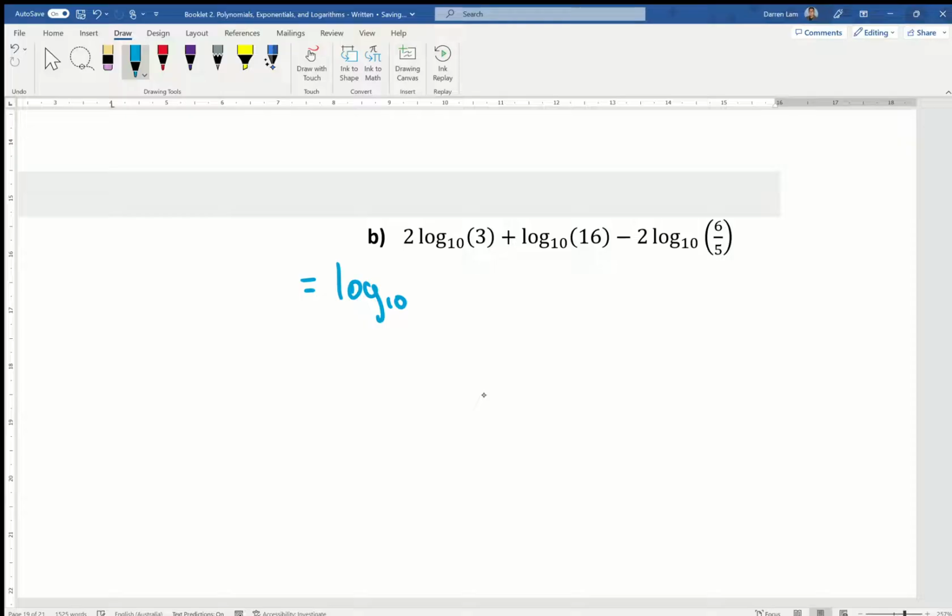Now it's 3, because I'm moving this value from the front, it becomes 3 squared. I'm just going to write 9. Plus log base 10 of 16 minus, and instead of writing the 2, I'm going to write log base 10 of, and I'm going to square the value on the inside, which becomes 36 over 25.